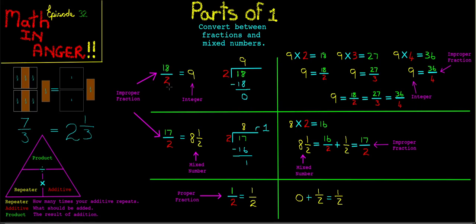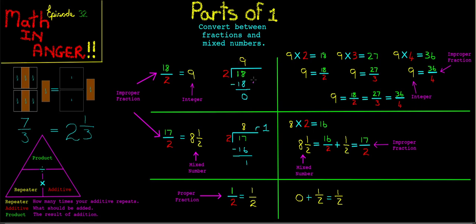Here we have an improper fraction. And the nice thing about this one is our additive is going to go into our product neatly. In other words, there is no remainder. Nothing remains, right? But take a look at how I did the conversion. I did this little bit of long division.